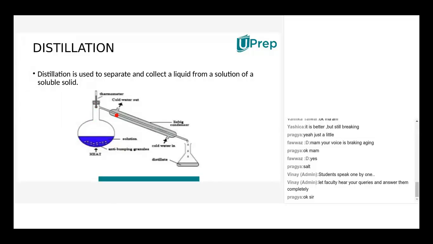This condenser condenses them by passing the cold water. Understood, children? So this cold water condenses and the hot fumes convert into liquid. At 56 degrees Celsius, the acetone will be separated first. And what will be left over here? Water.